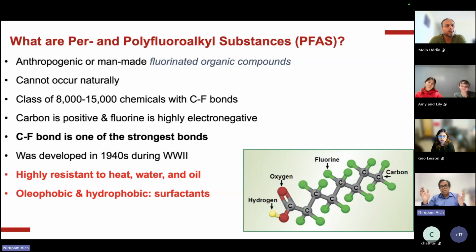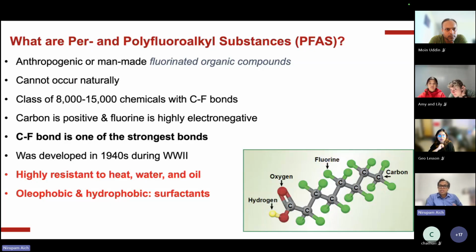So what they did is, during World War II, they wanted to have the tanks, like armor tanks or vehicles that were made of steel. They wanted to coat the surfaces of that steel with a hydrophobic coating. So that's why they came up with PFAS.